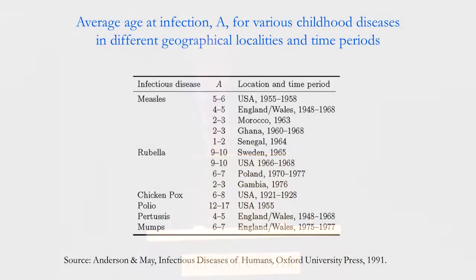And here I've taken tables from one of Anderson and May's publications on the subject. And this is looking at various periods. This is pre-vaccination because we want somehow to get a hold of this basic reproductive rate. And you can see that for measles the average age is 5 to 6 in the USA in the 50s, but looking at other countries with less sophisticated health systems, down to Senegal in 1964, 1 to 2.